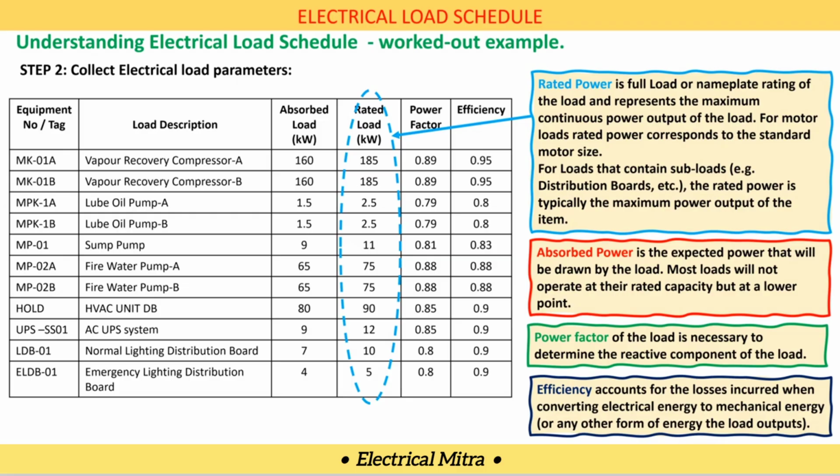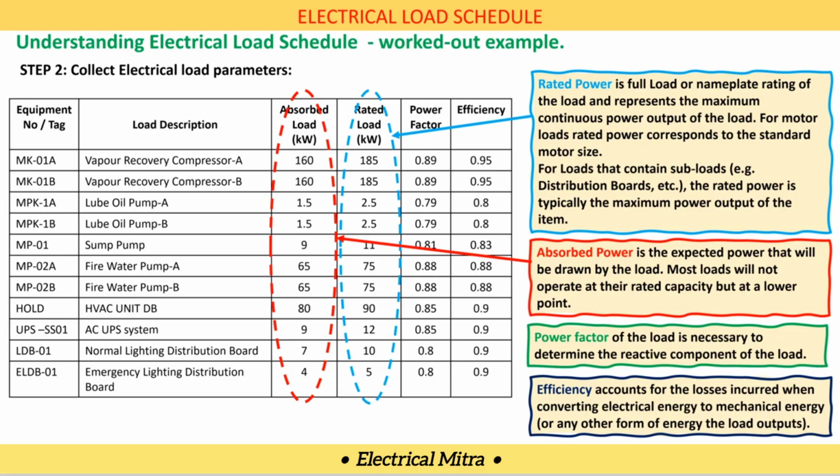Absorbed power is the expected power that will be drawn by the load. Most loads will not operate at their rated capacity but at a lower point. For example, absorbed motor loads are based on the mechanical power output to the input to the shaft of the driven equipment at its duty point.